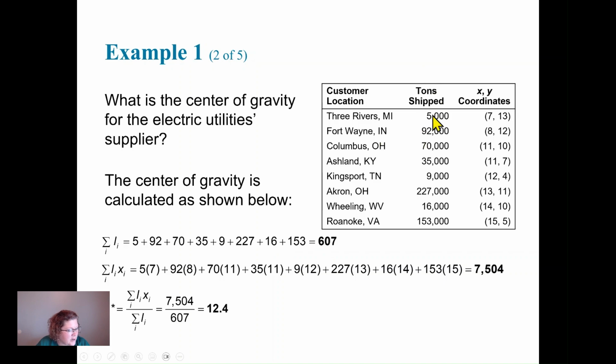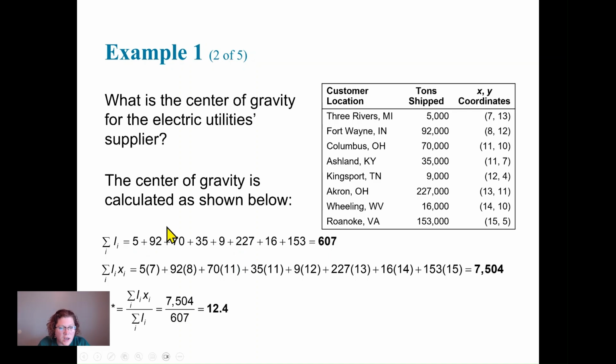If you add up all these tons shipped, you'll notice this formula has the same numbers, but without the thousands, so the number is truncated. We've got 5,000, 92,000, 70,000, just like in the table. We add them all together and we get 607,000 tons. That's the total demand in this region.